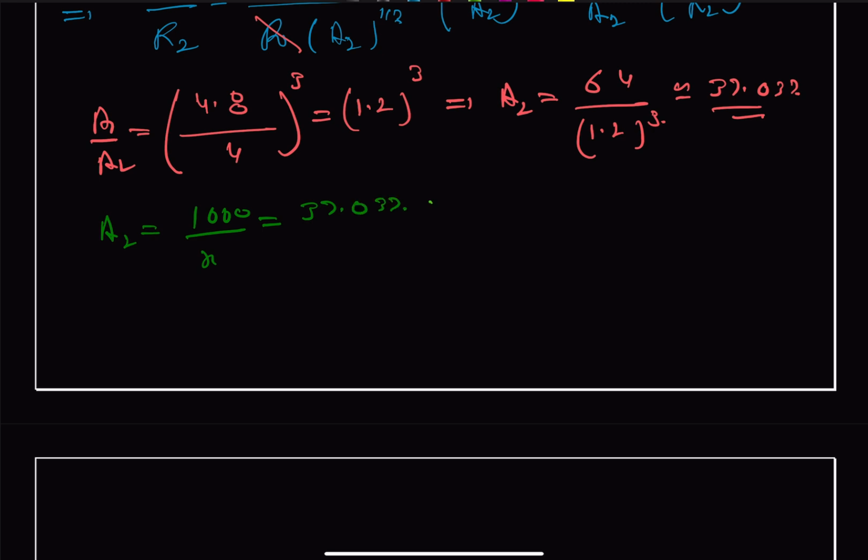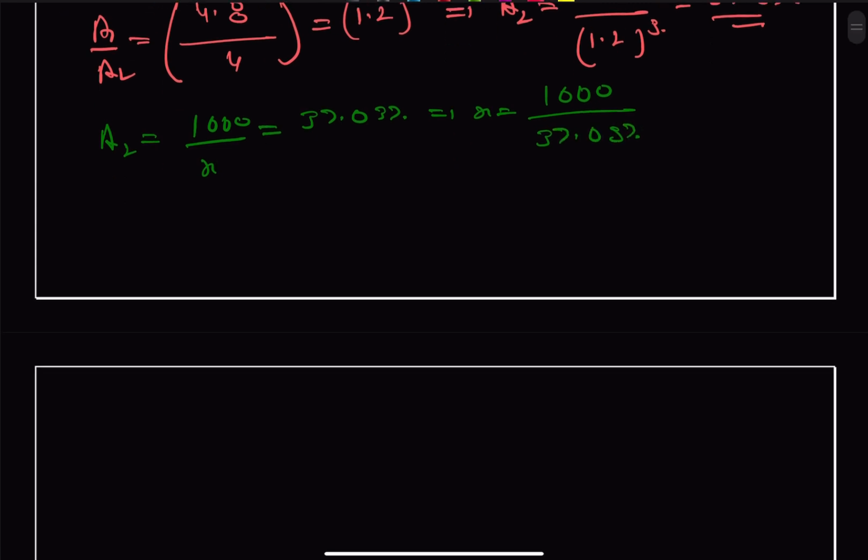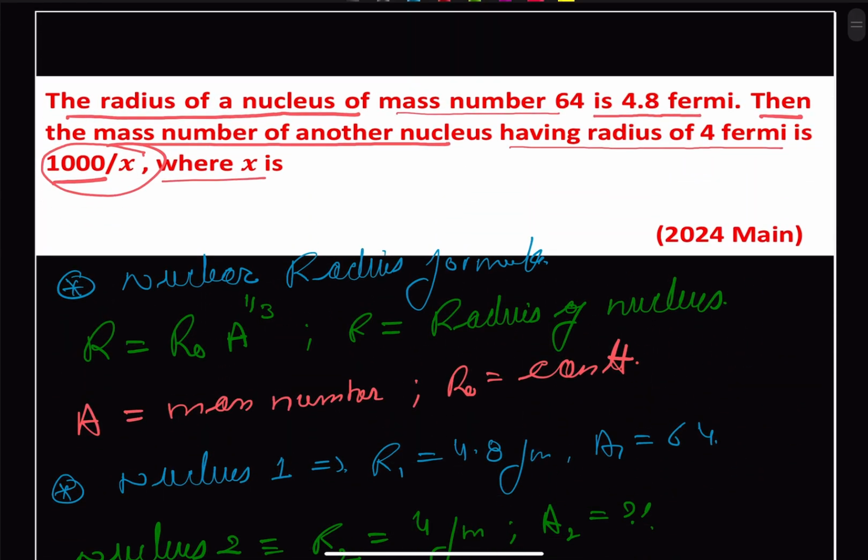Therefore, we can say the value of x will be equal to 1000 upon 37.037, and this gives that x is approximately equal to 27. So the value of x is 27.